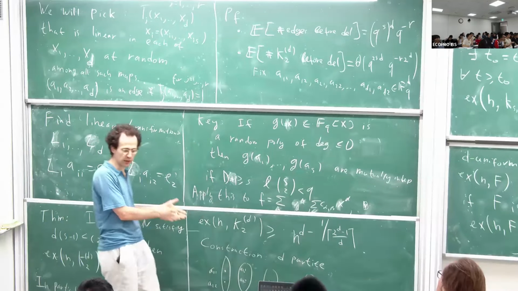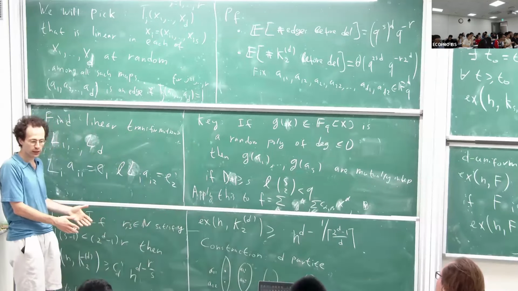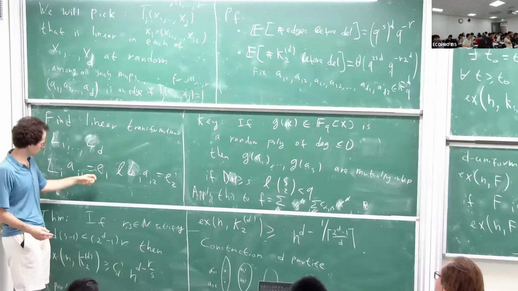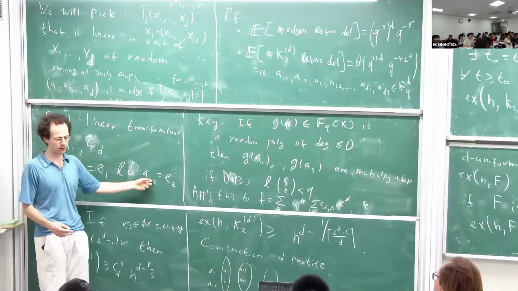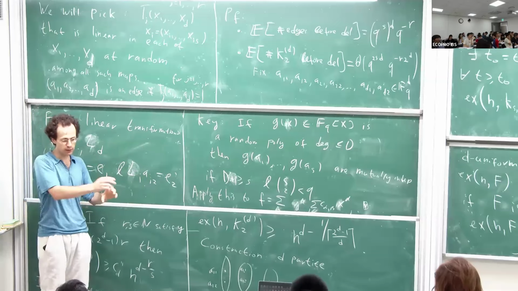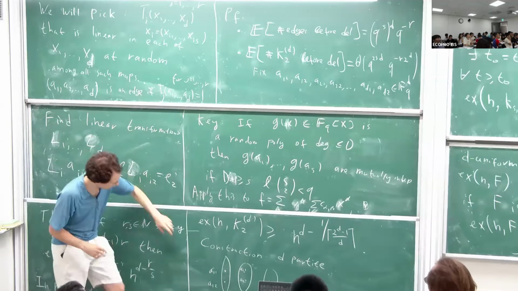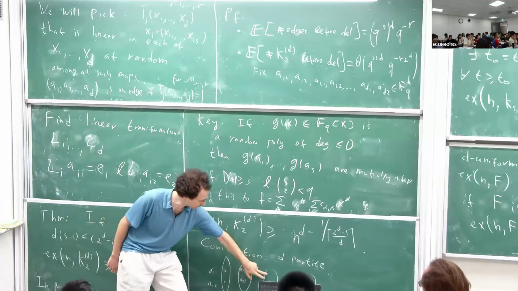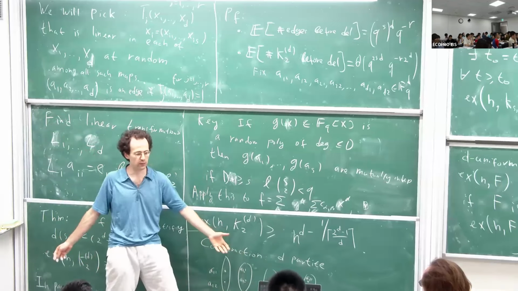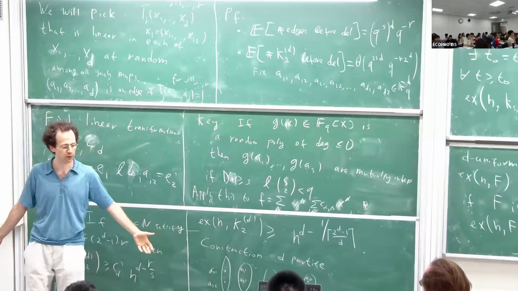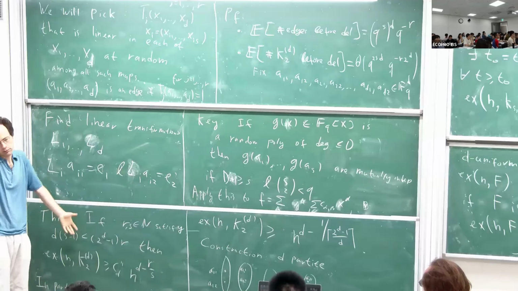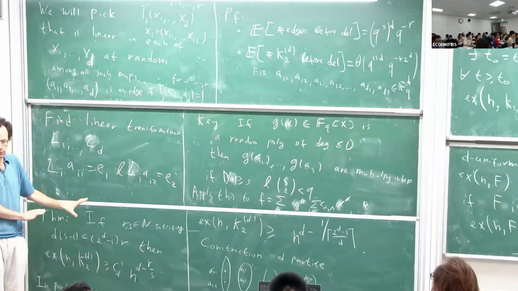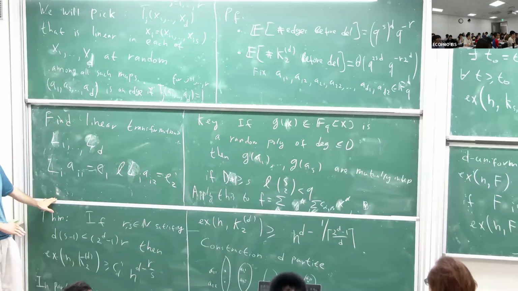I'm changing my coordinate system so that my first vector is the first basis vector, my second vector is the second basis vector, and likewise in the other copies. Then you can just check for this easy choice that the probability is the same.